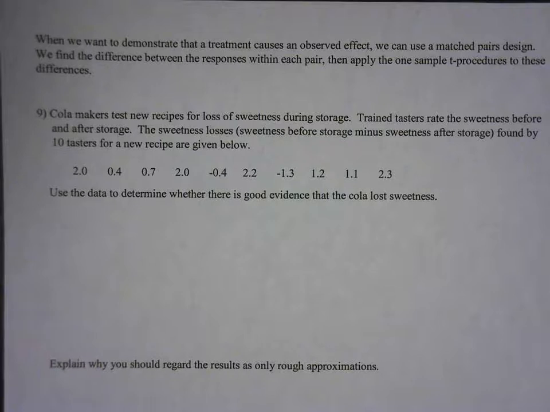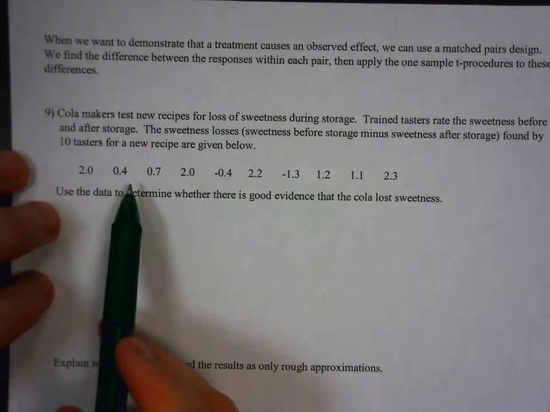So number 9, cola makers test new recipes for loss of sweetness during storage. Trained tasters rate the sweetness before and after storage. The sweetness losses, which is the sweetness before storage minus the sweetness after storage, found by 10 tasters are given below. So 2.0, 0.4, and so on.